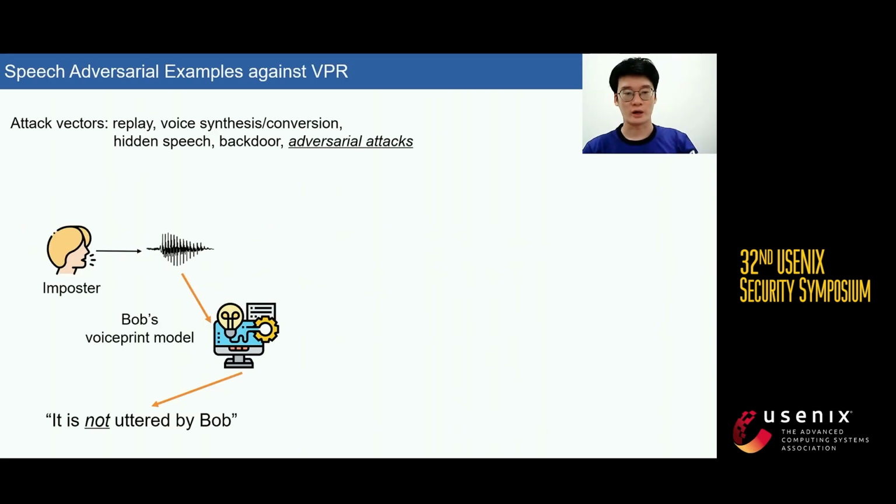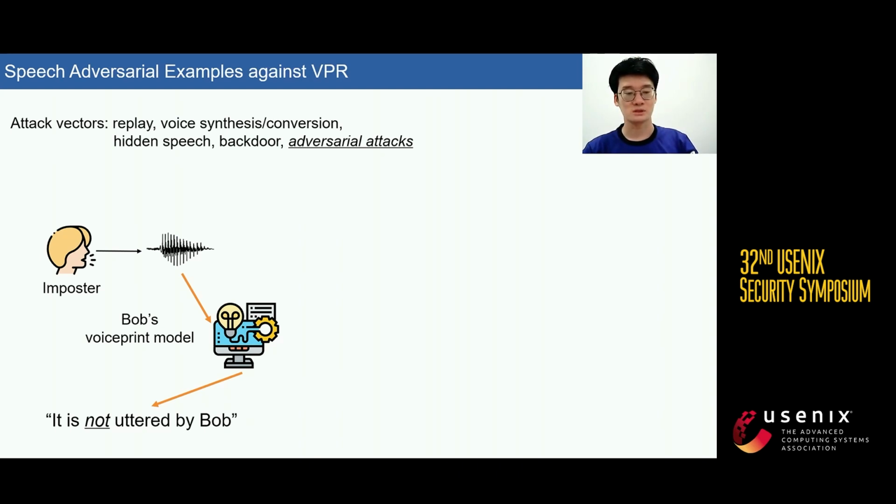However, speaker recognition has been shown to be vulnerable to many attacks. In this work, we focus on speech adversarial example attacks. I think many of you are quite familiar with adversarial examples, but what do they mean in speaker recognition? Suppose we have a voice from an imposter.